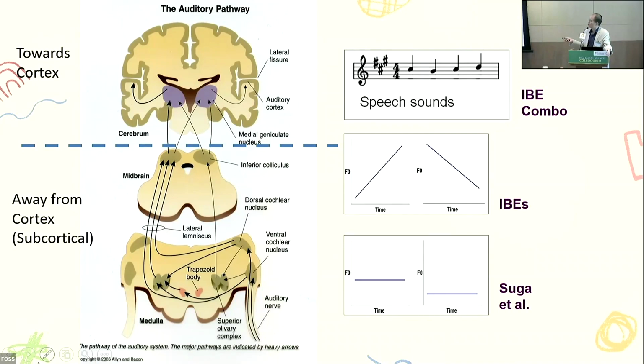When you go to the inferior colliculus in the rostral brainstem, you can see neurons that are sensitive to frequency modulation. And then when you move up even higher to the cortex, you can see neurons that are sensitive to speech and music. Okay, so we have this hierarchy of functional complexity, as well as acoustic complexity.